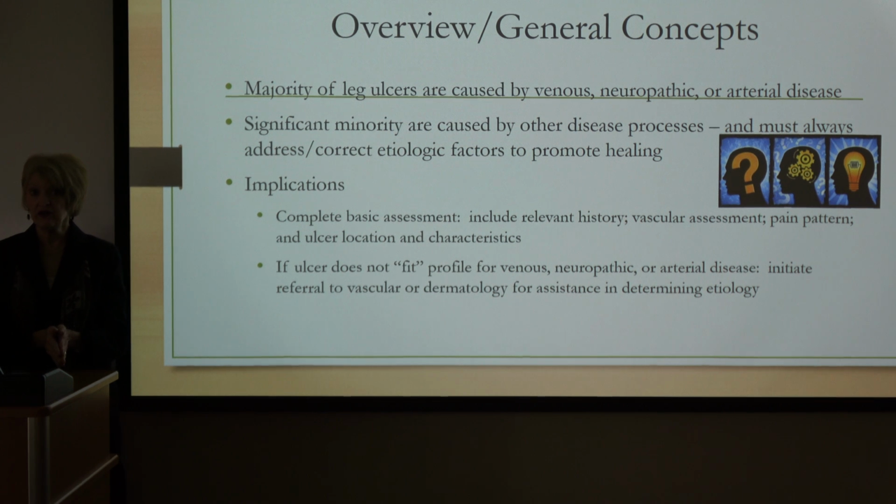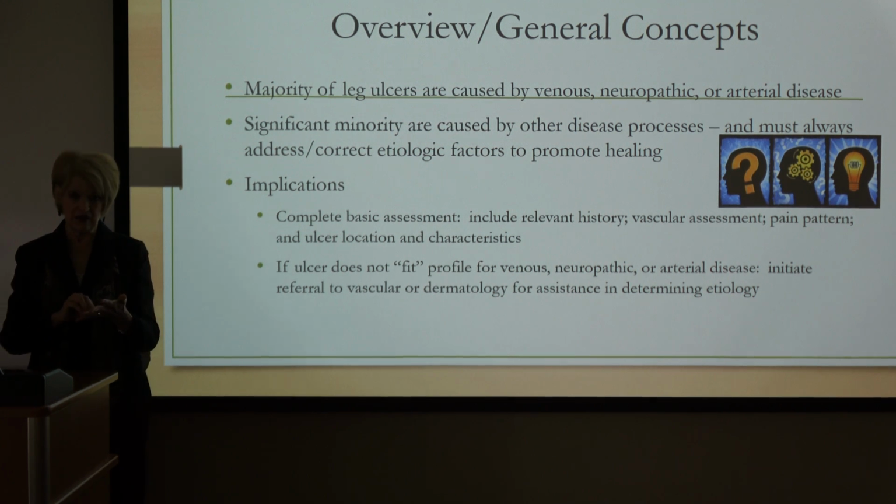But what if, when I look at my patient history, my vascular data, the pain pattern, and the ulcer characteristics, it's not a match to venous disease, it's not a match to arterial disease, and it's not a match to neuropathic disease?